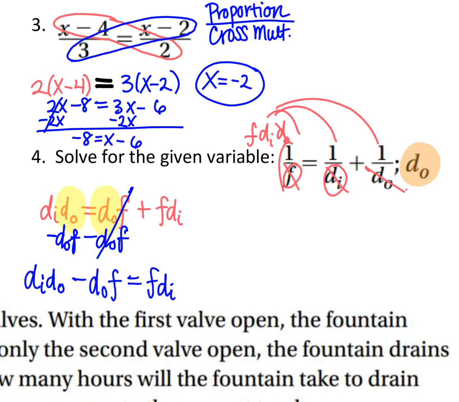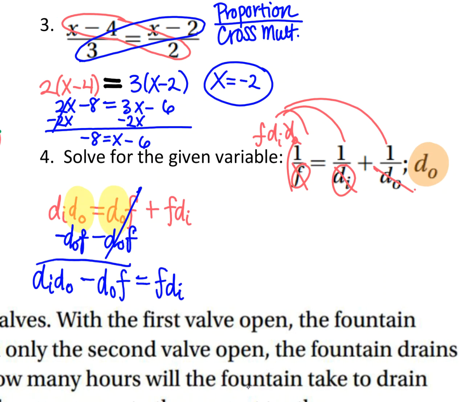Okay, so I'm now going to think of d0 as a GCF that I'm going to take out of those two things. So d0, and I'm going to be left with di minus f.